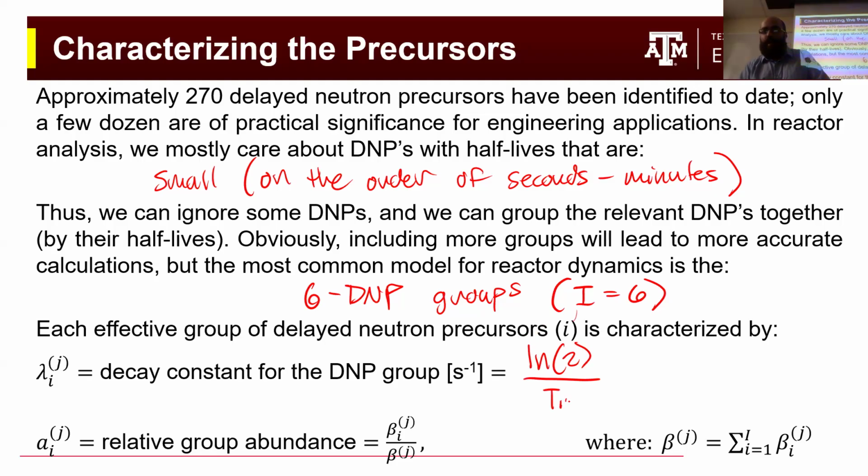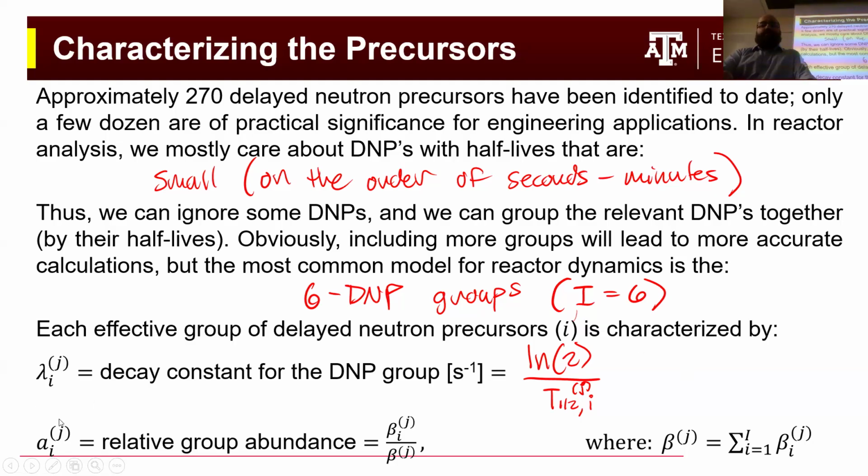So we'll say T1/2 of our I delayed neutron precursor group for a fuel of type J. Same definition, it's just that the half-life looks a little more complicated because we're talking about the decay constant for delayed neutron precursor group I associated with fuel type J.